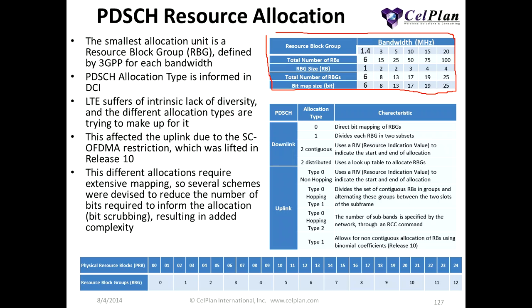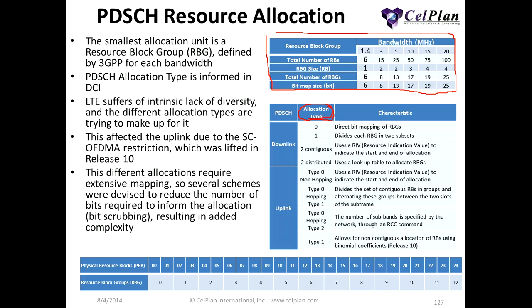Well, here we are repeating the table. Now, the way we allocate those transport block groups is that there are several allocation types. What I mean by allocation is the way the DCI will map the information on the resource block groups.